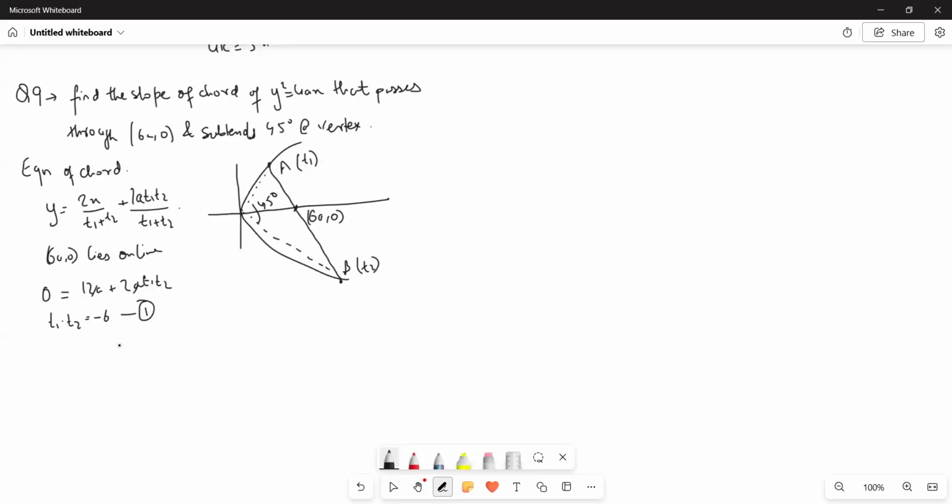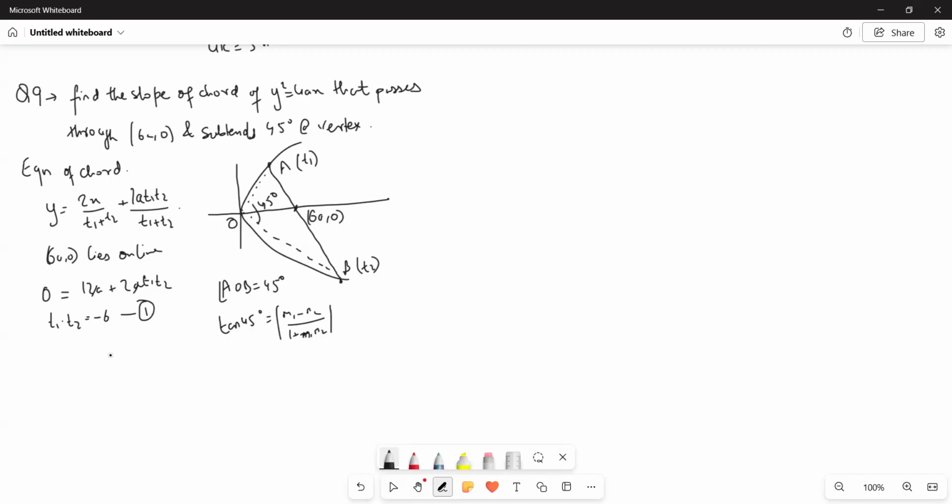Yes, sir. Okay. Now the second condition that we have is the angle AOB is 45 degrees. Now how do we define the angle between two straight lines? So tan 45 would be mod of m1 minus m2 by 1 plus m1 m2. ये वाला फॉर्मूला यूज करना होगा.